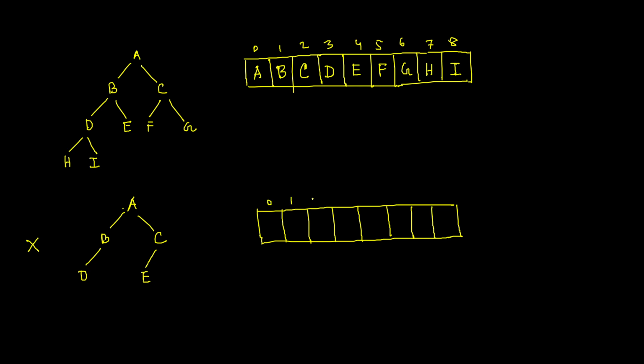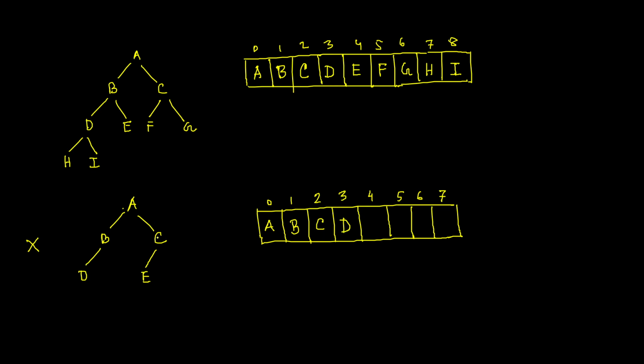However, it doesn't matter. So first let's number it, fine. Obviously A will be somewhere here, and B and C will be here. You can easily calculate that the left child of B, D, will be, since the position of B is 1, at 2 into 1 plus 1, that is equal to 3. Somewhere D will be here, right?